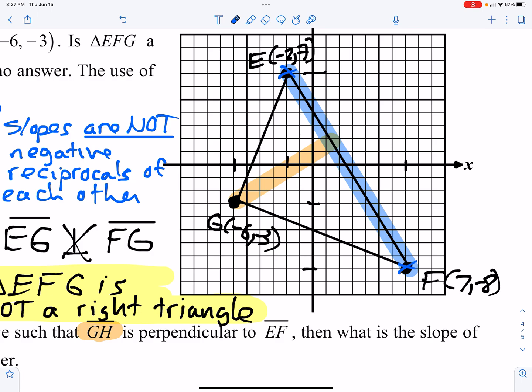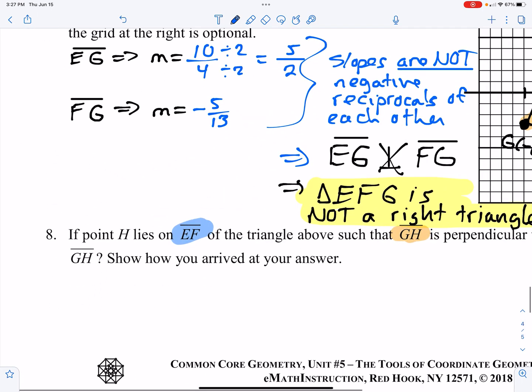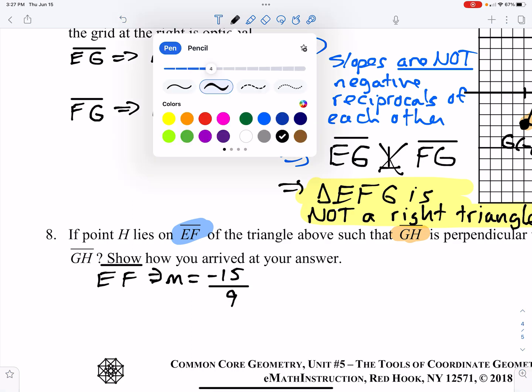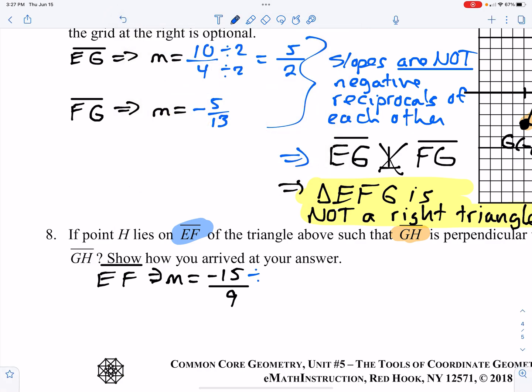So down 15 over 9. Reduce that. The largest number divided into both is 3. So we get negative 5/3. That's the slope of EF.